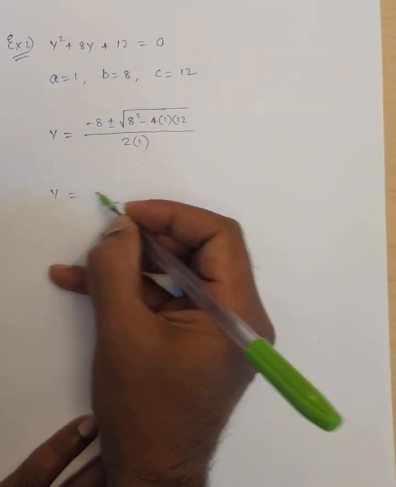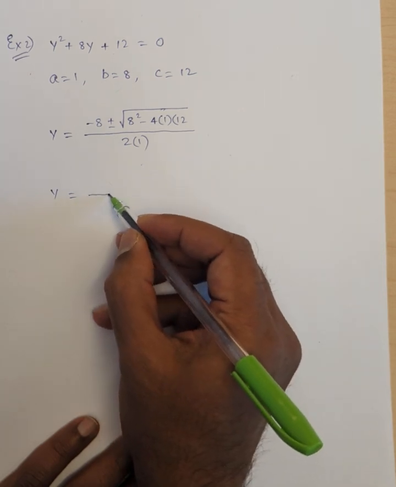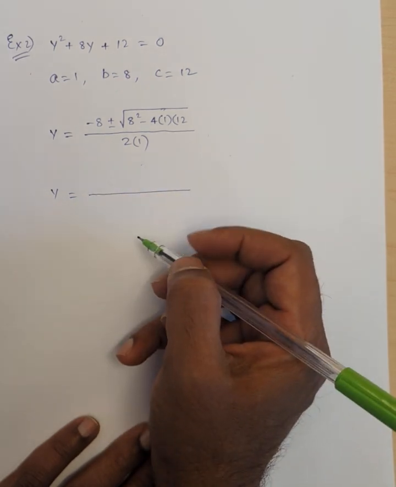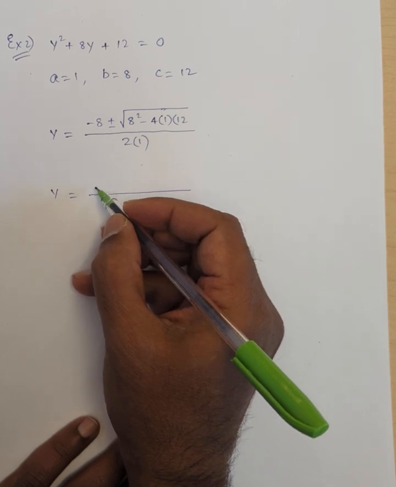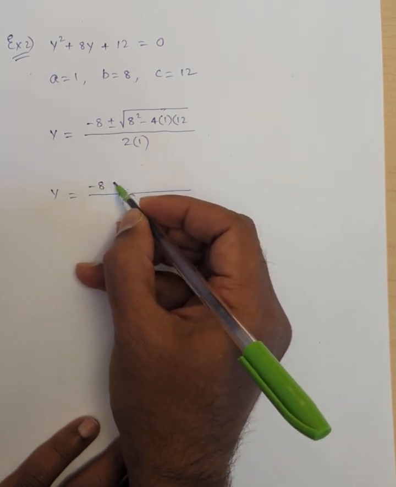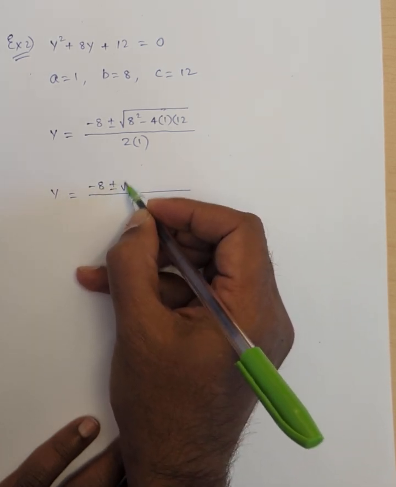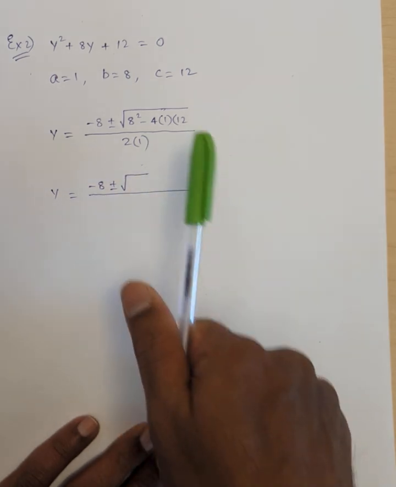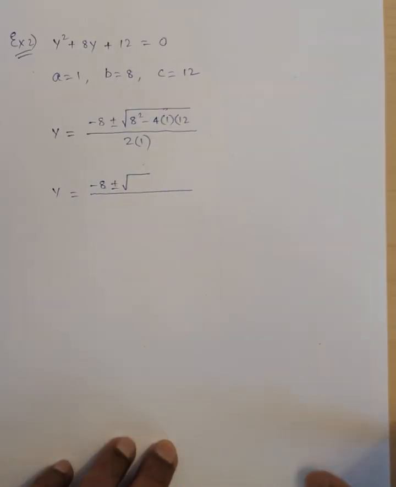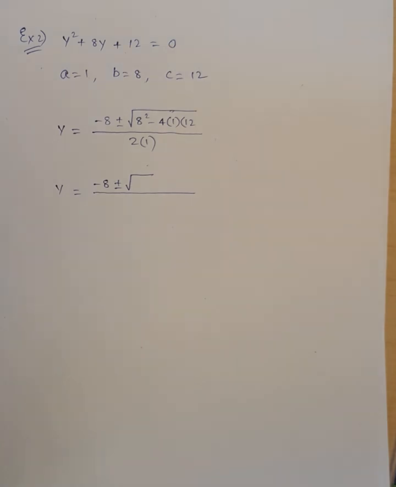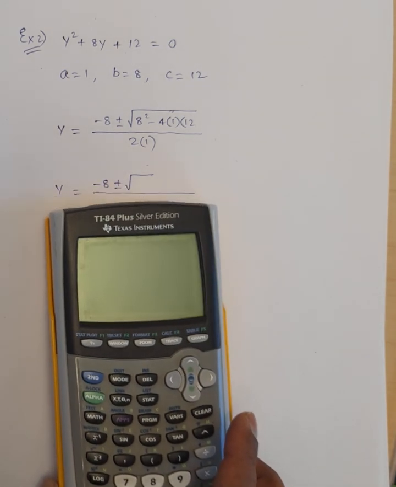So like in the previous problem, I'm going to write down the fraction, and negative 8 plus or minus, I'm going to copy until the square root part. But all of the quantity under the square root, I'm going to use a calculator.